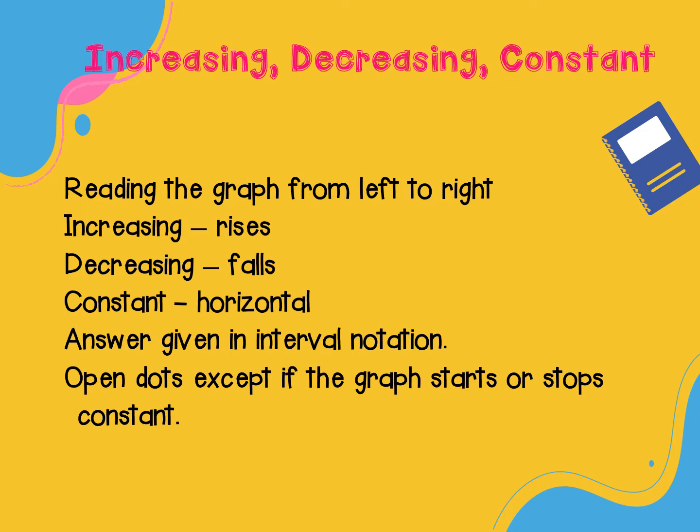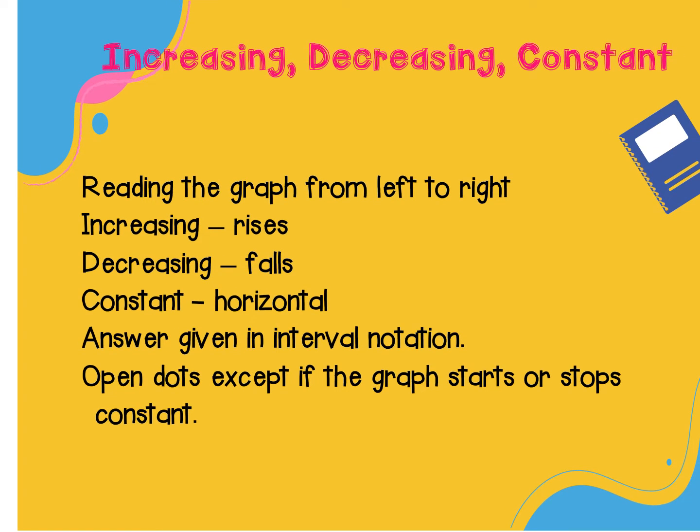So here though, for WebAssign tonight, for the increasing, decreasing, and constant, everything gets parentheses. However, the domain and the range is going to get the parentheses and the brackets. So remember, increasing, decreasing, constant gets only parentheses.